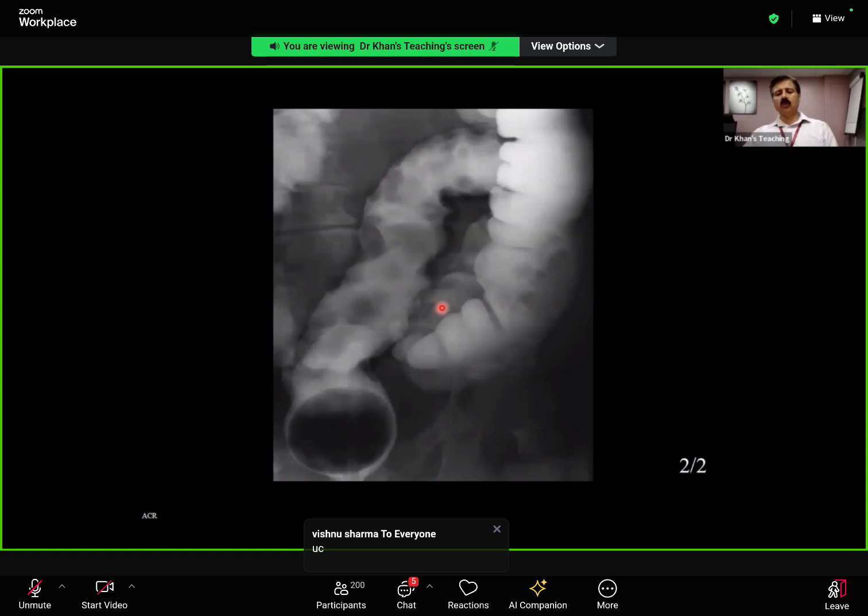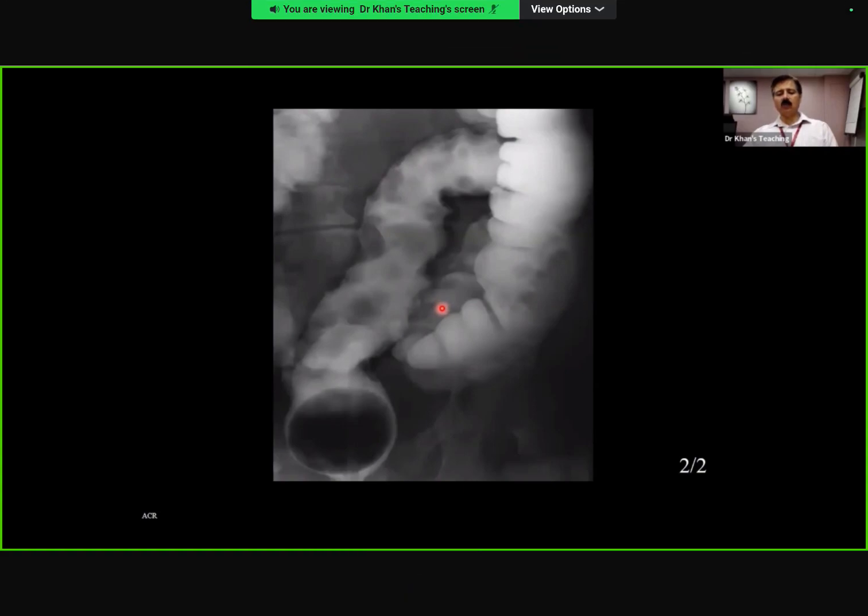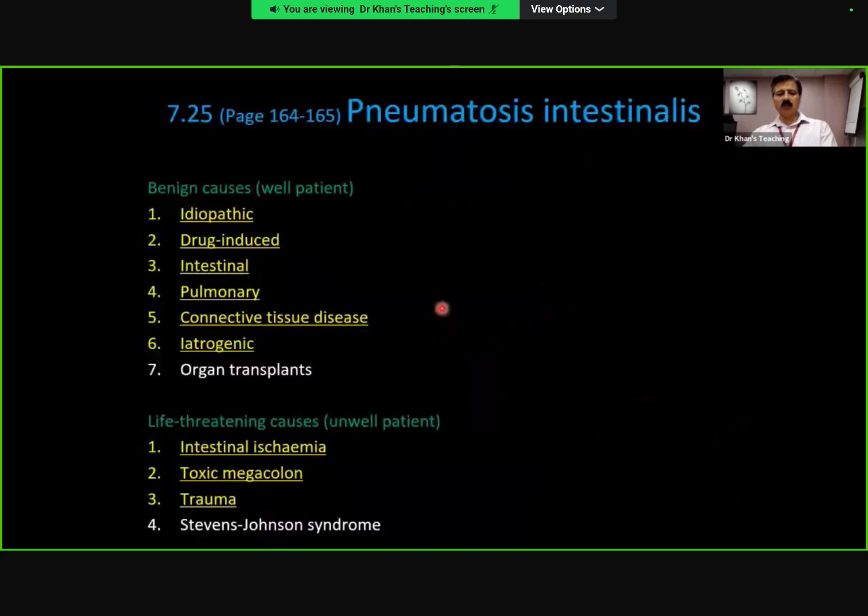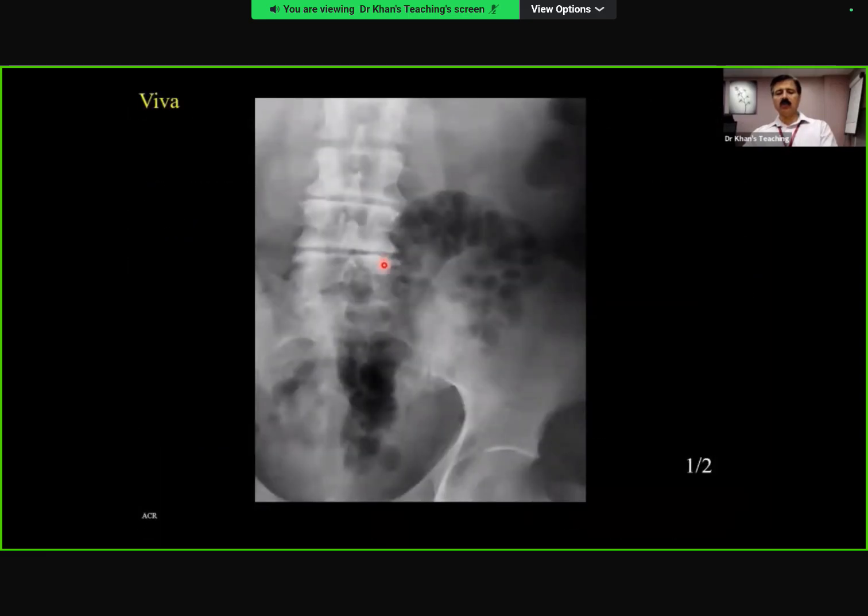So this is what I call the idiopathic or primary pneumatosis intestinalis. You remember this differential diagnosis? Idiopathic, benign causes. And idiopathic also tells you that we don't know the etiology. And please develop your eyes on this. And I've got a very good case on CT also.